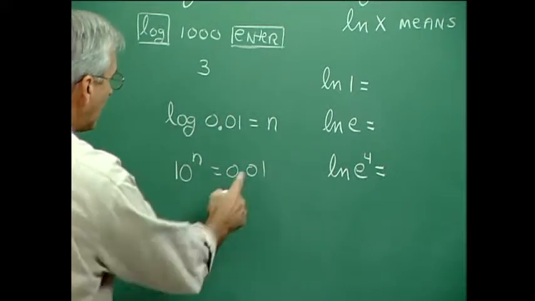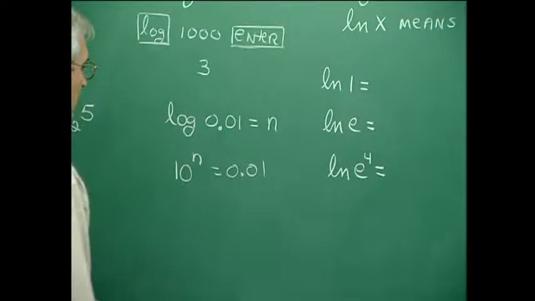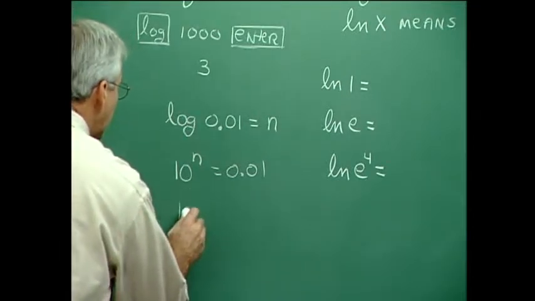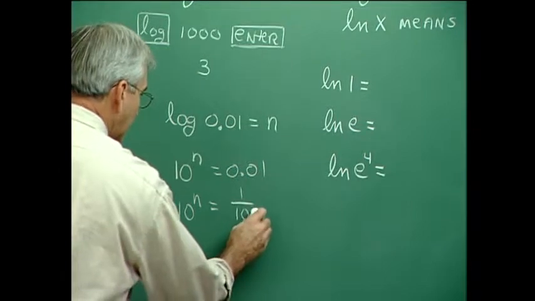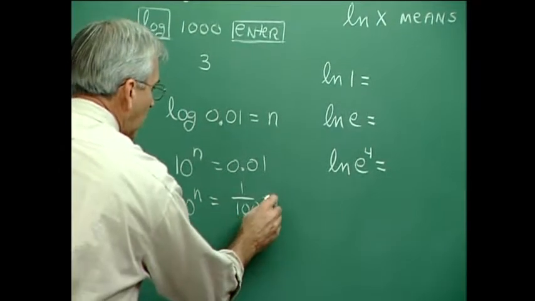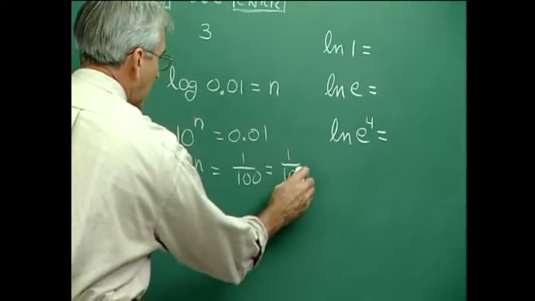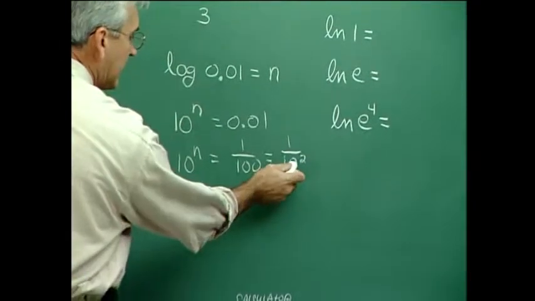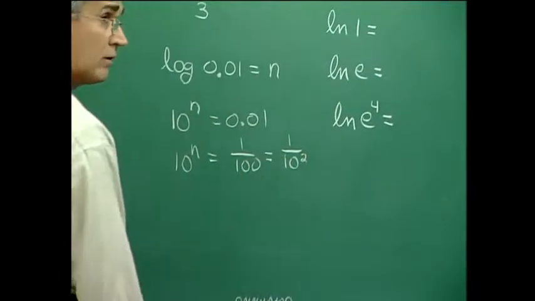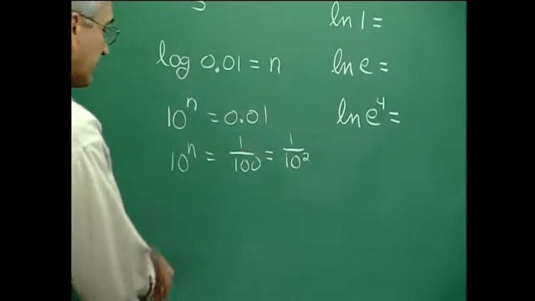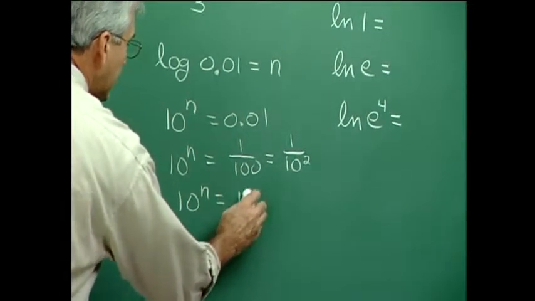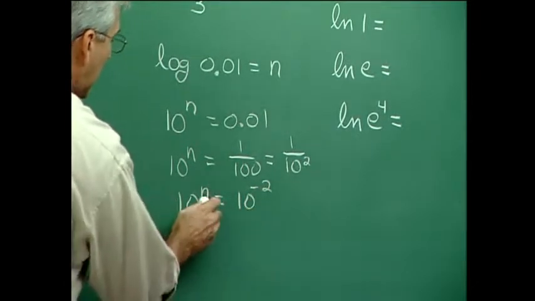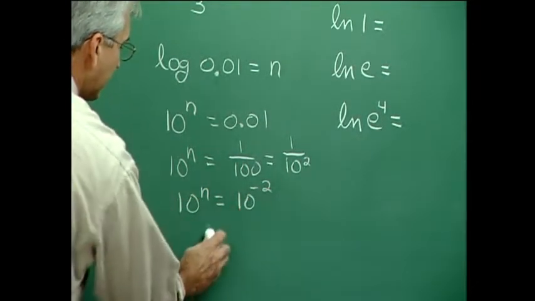How do we make the bases on both sides look alike? Well, we can write this as 1 over 100. And 1 over 100 is 1 over 10 squared, and we can kick this 10 squared up into the numerator by applying a negative exponent. So this is 10 to the n is equal to 10 to the negative 2. Aha, so n is equal to negative 2.